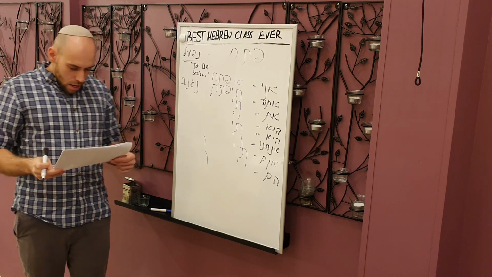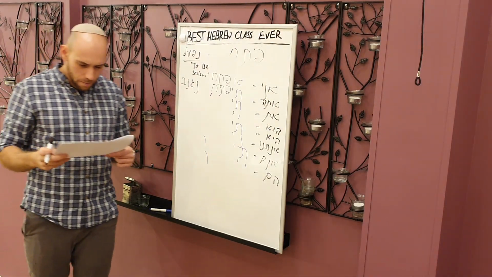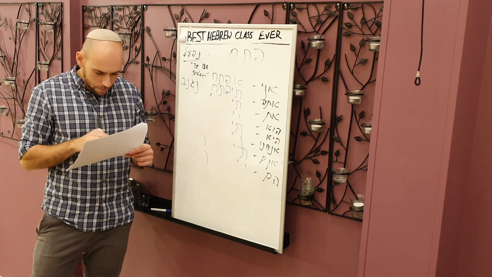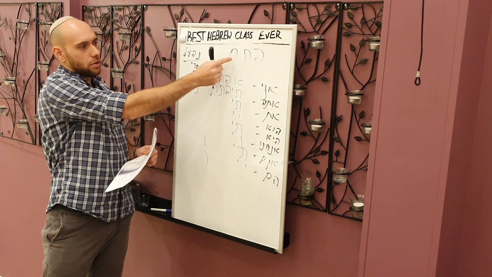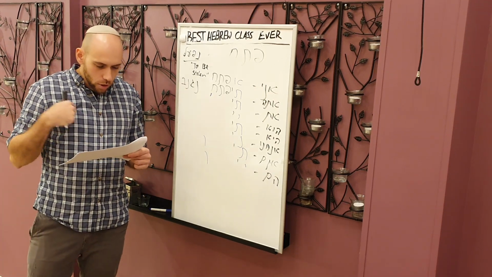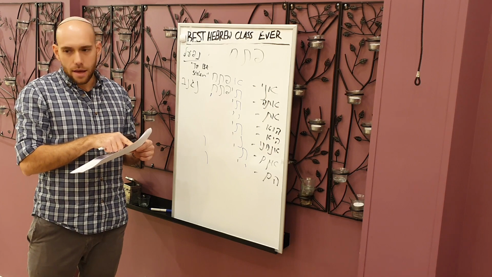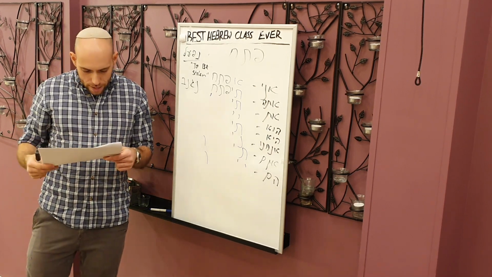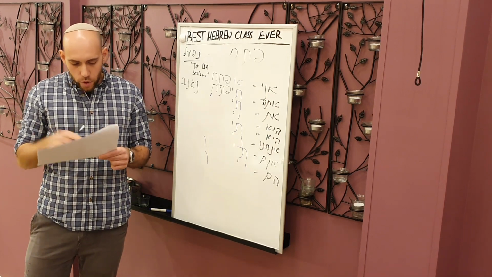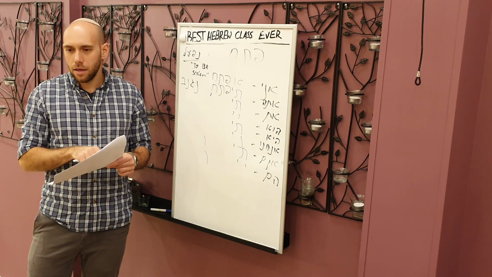So take a look on your page. Look at the difference between the pa'al and the nifal of this root, patah. Okay, when I say pa'al, I will open, I say eftach. When I say I will be opened, I say epatach.